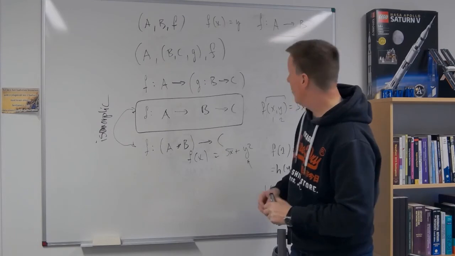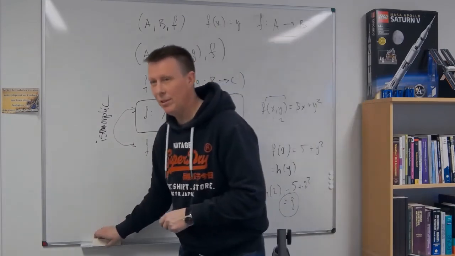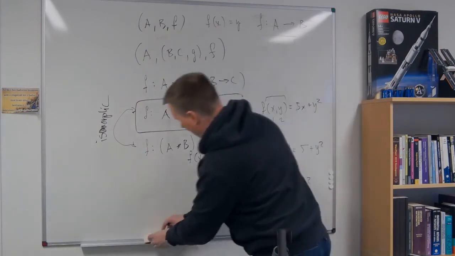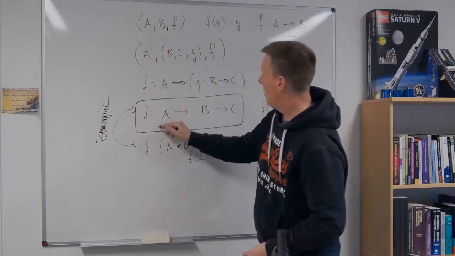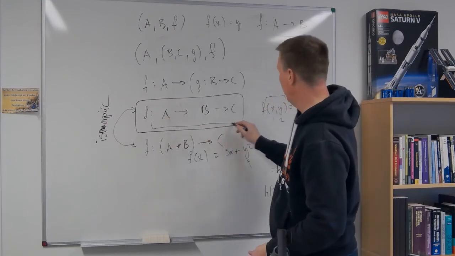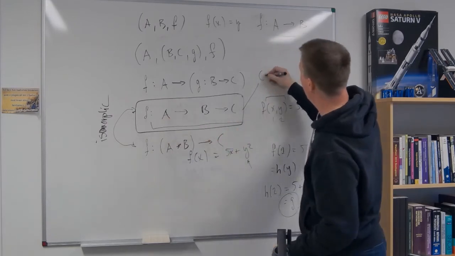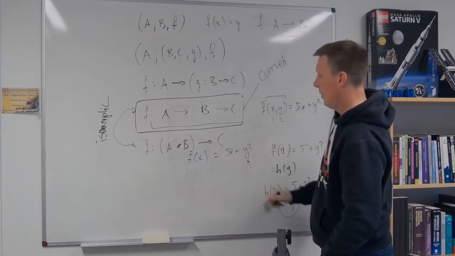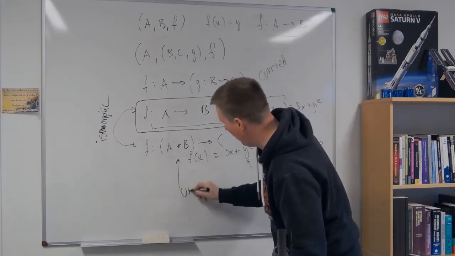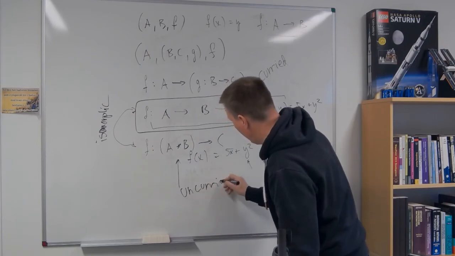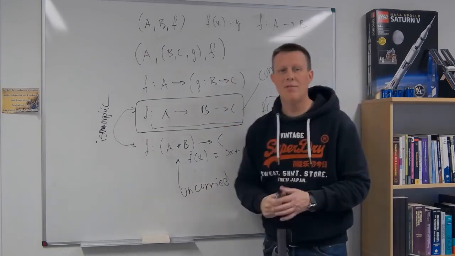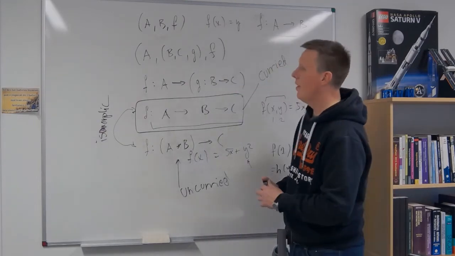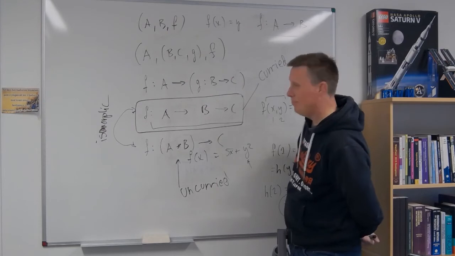And in fact, this is such an important result that we have a name for it. So this form here is called the curried form. And this here is called uncurried. And they have received these names from the American logician Haskell Curry, who has also given the name to the programming language Haskell.